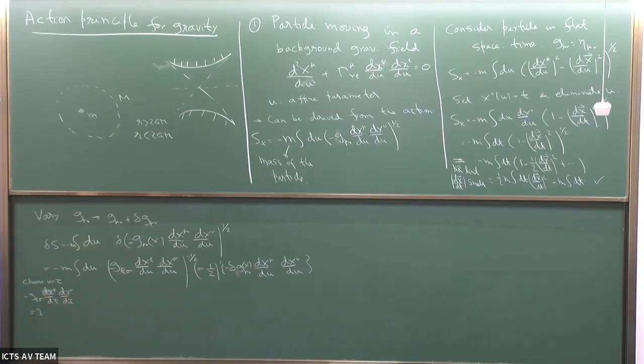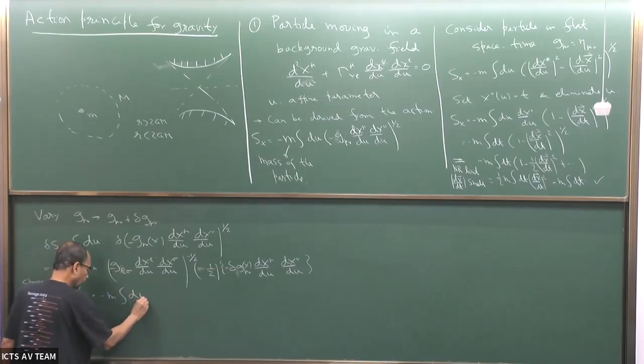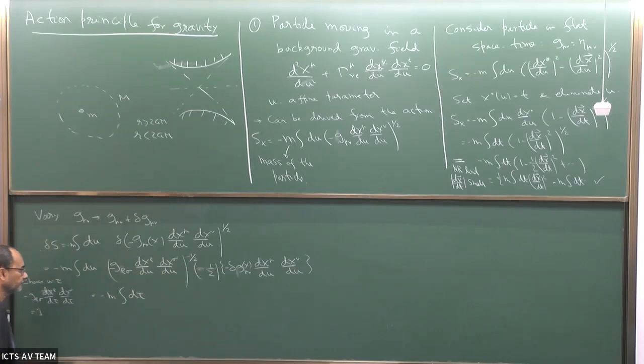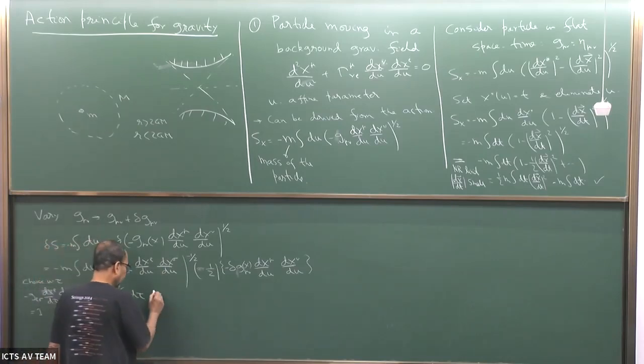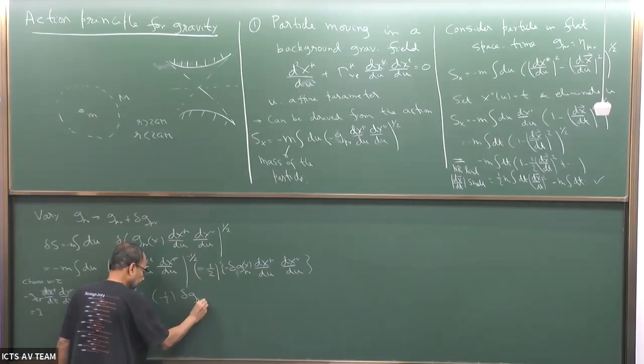That's a proper term, so this is just 1. So this becomes minus m integral d tau, this is 1, and then minus half delta g mu nu of x.